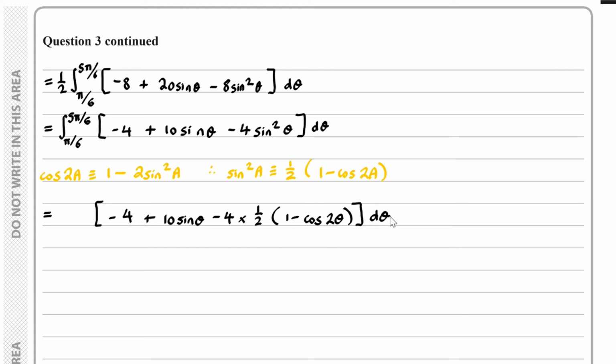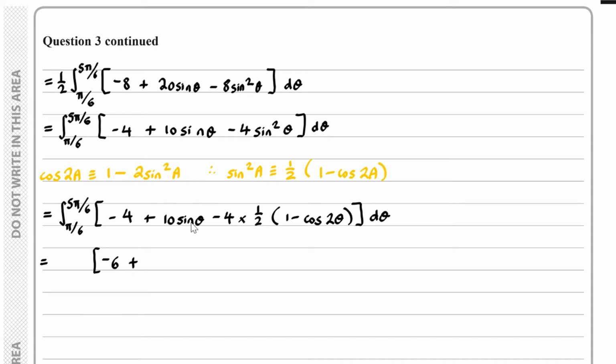And of course, we wish to evaluate this in between pi over 6 and 5 pi over 6. So if we tidy the bit inside the bracket, here we've got minus 4, and then we've got minus 4 times by half times by 1, that's minus 2. So minus 4 minus 2, that's minus 6.